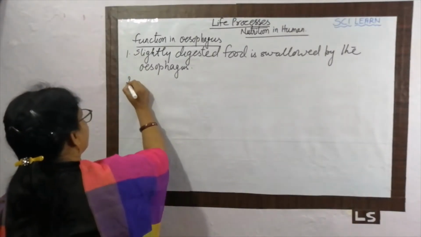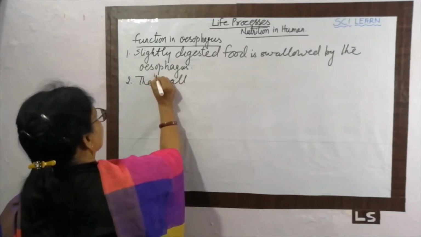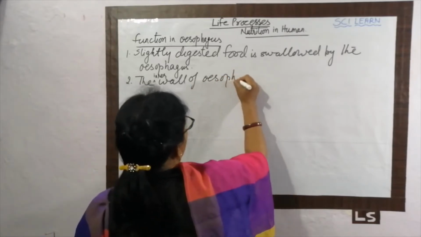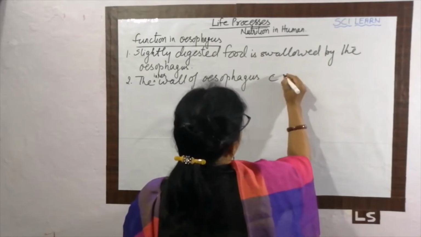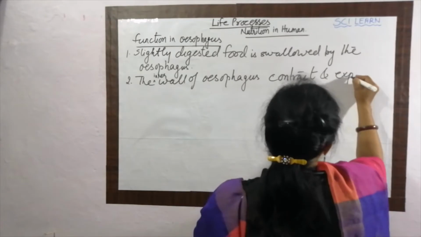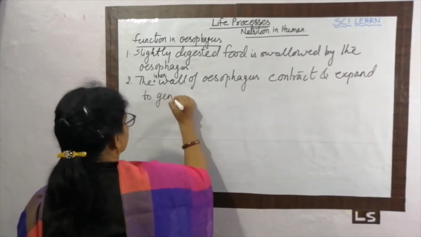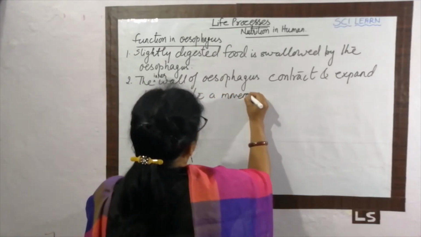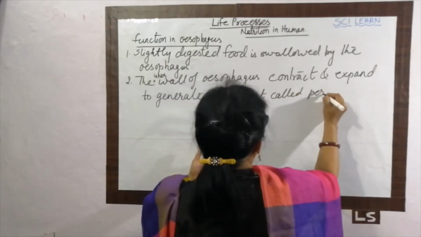Okay, so what happens here? The inner wall of the oesophagus contracts and expands to generate a movement called peristaltic movement.